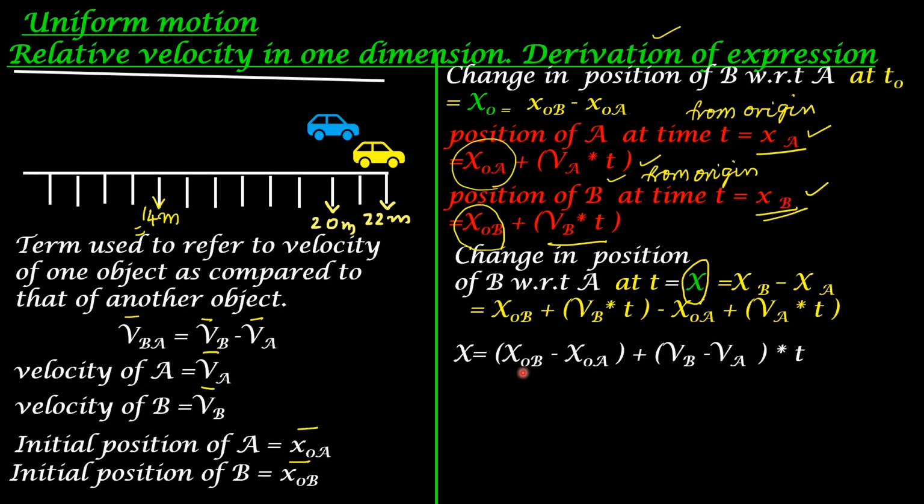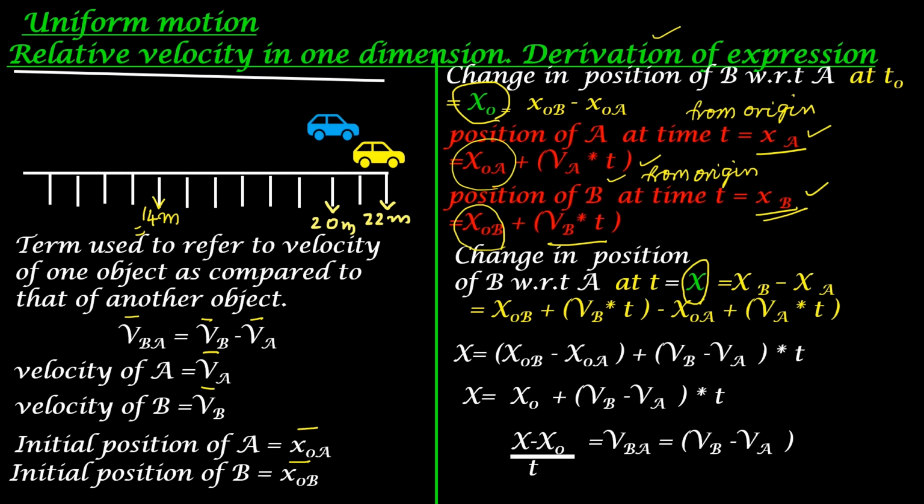We know x naught B minus x naught A is equal to x naught. That is the change in position of B with reference to A at initial time t naught. So substituting, we get x is equal to x naught plus VB minus VA multiplied by t. When we rearrange the quantities, x minus x naught divided by t is equal to VBA, relative velocity.